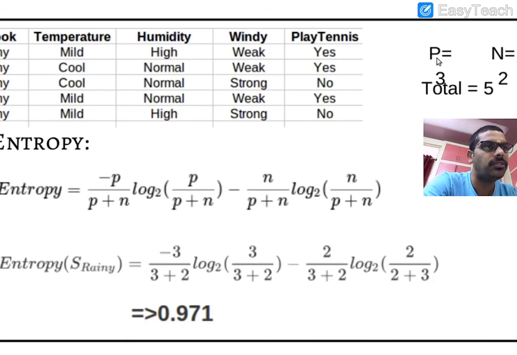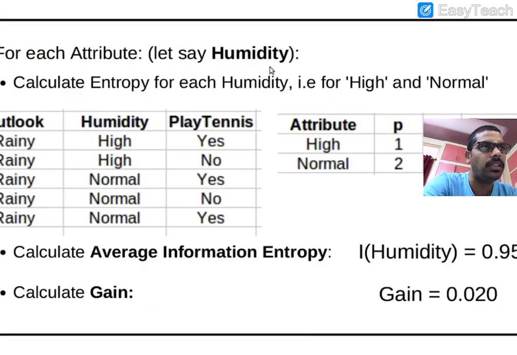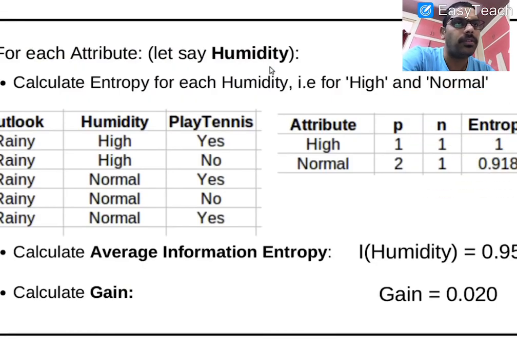And here the positives are 3, negatives are 2, total number of 5. So again we are going to calculate the entropy, and for humidity high, normal, we are going to consider the entropy, average information entropy and information gain.